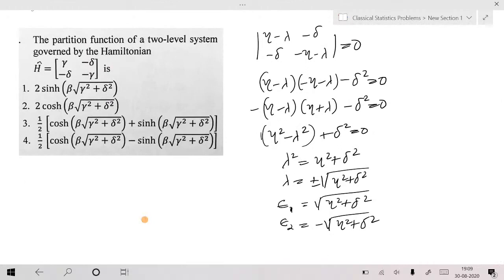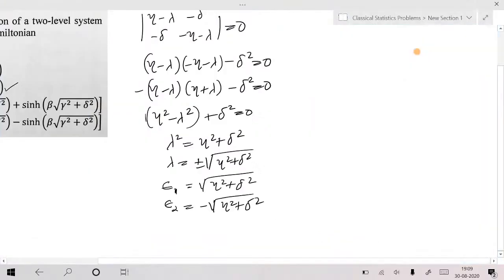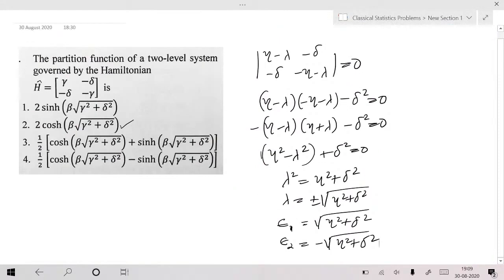I think you get cos hyperbolic again, isn't it? One energy is positive, the other is negative. You can write it as 2 cos hyperbolic. That's the correct one. Is that clear? Anyone? Just a way of thinking question. Any question regarding this one? So quickly, someone reply.